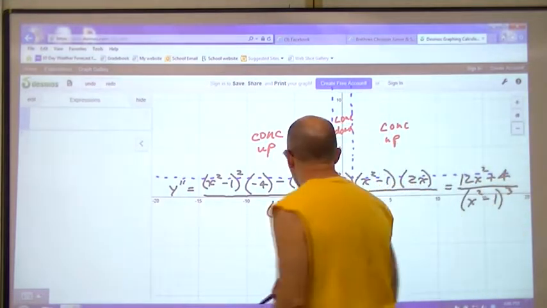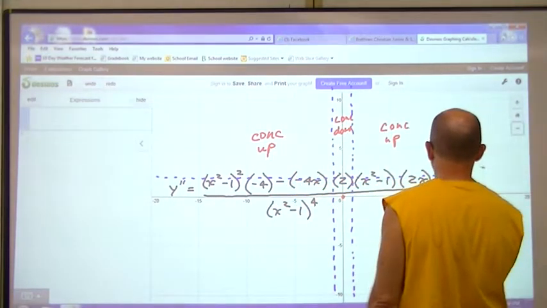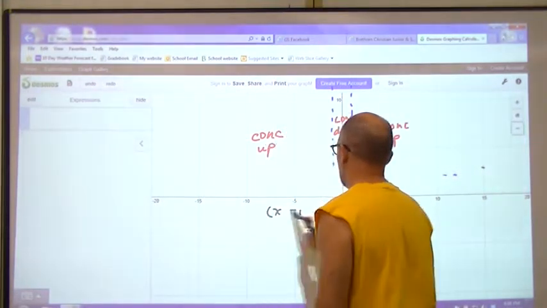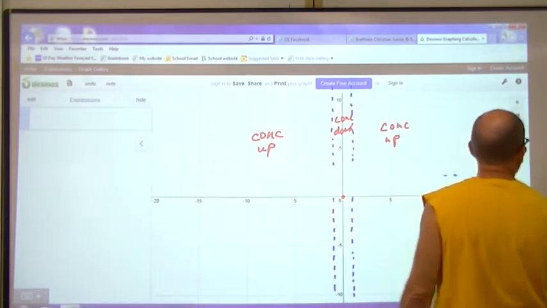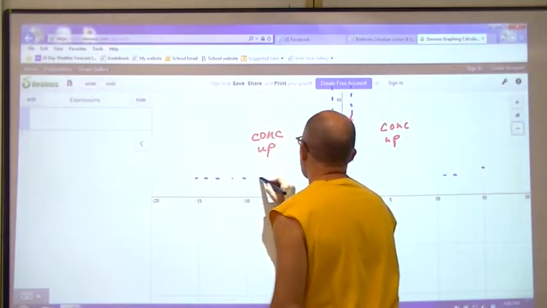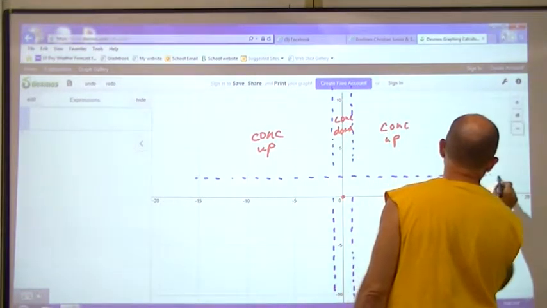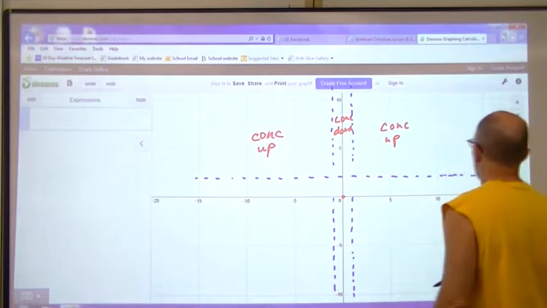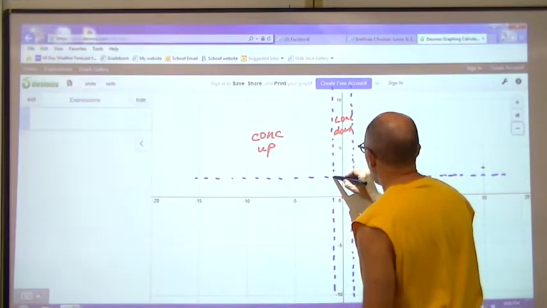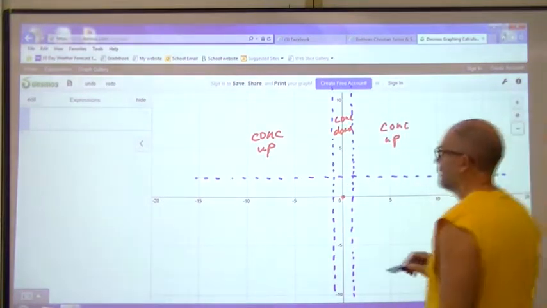All right, so let's summarize what we have here. I'm going to have to rewrite that. Okay, so we have our horizontal asymptote at y equals 2. We have our vertical asymptote, or asymptotes, at x equals negative 1, x equals positive 1.